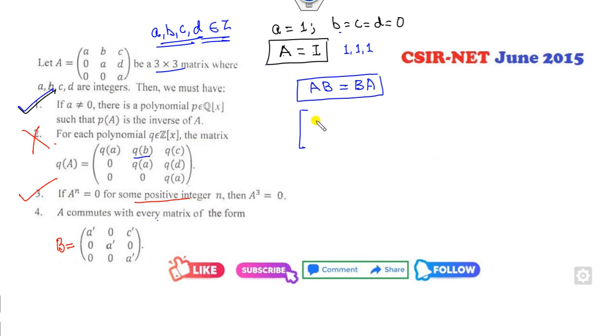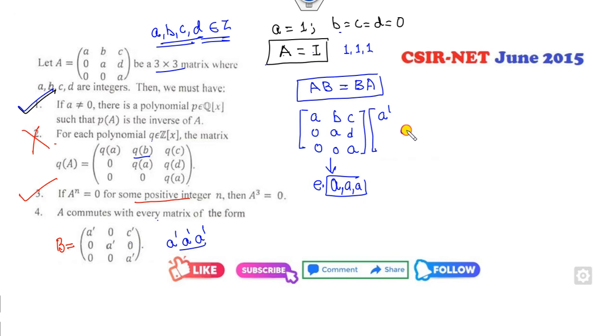So you can start with this A, B, C, 0, A, D, 0, 0, A. You can think about that. What are the eigenvalues of this? The eigenvalues of this are A and A. Eigenvalues of this are A dash, A dash, A dash. Now I can multiply this by A dash, A dash, A dash, 0, C dash, 0, 0, 0. If you multiply them, what will be the matrix?